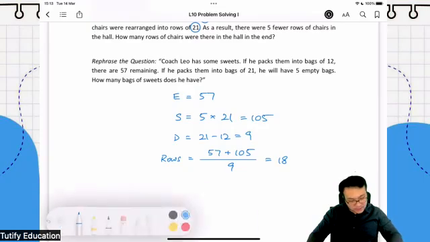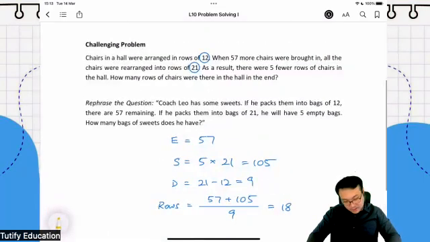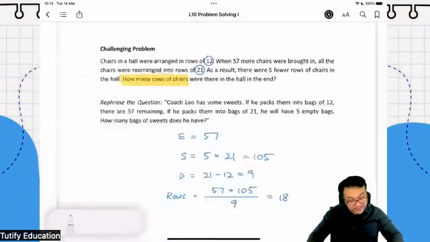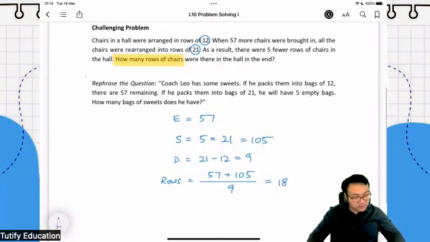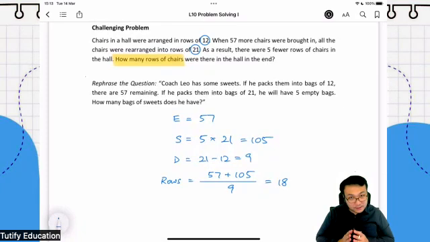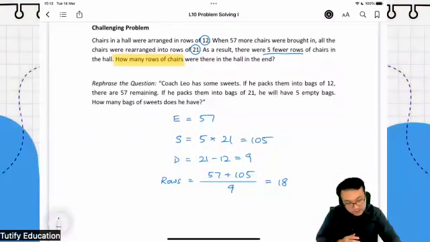So the question is asking for what? Rows of chairs. How many rows of chairs are there in the end? So you're supposed to have 18 rows. But in the end, how many rows do you have? 13. Why 13? Because of 5 fewer rows of chairs. Very good.